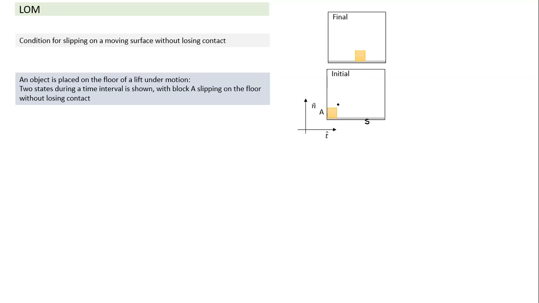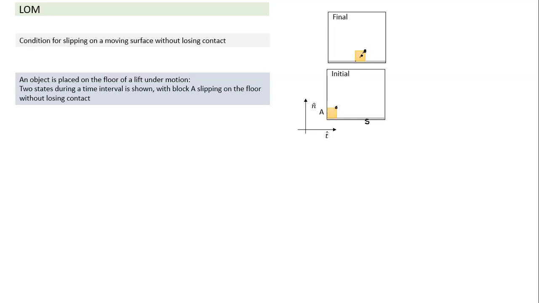Condition for slipping and still being in touch: when you talk about slipping, there are two things involved. There's some surface and there's an object, and there's a normal direction. Both of them should have the same component of displacement. Displacement of this block is something like this. If I take this point here, it has moved like this.